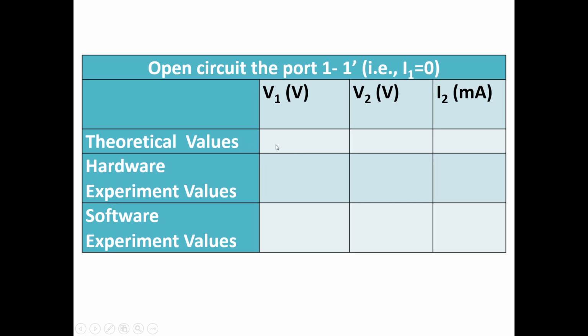So do the theoretical calculations and write down this V1, V2 and I2 and do the hardware experiment and note down V1, V2 and I2 from the experiment, and after doing software experiment note down V1, V2 and I2. Pause the video and copy down this tabular column.